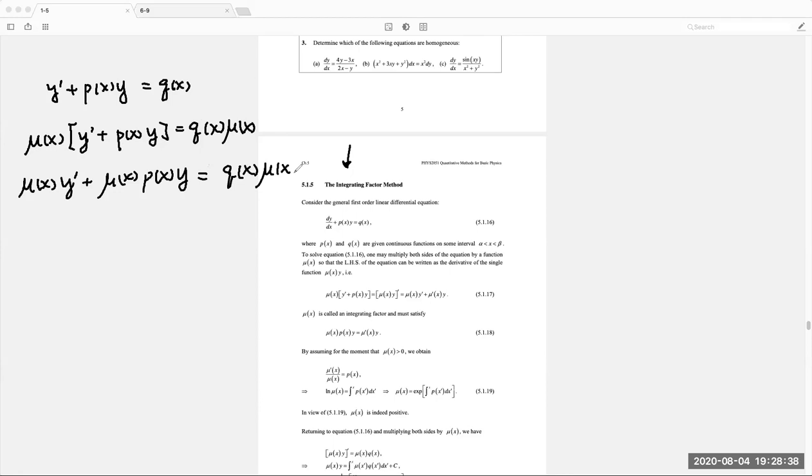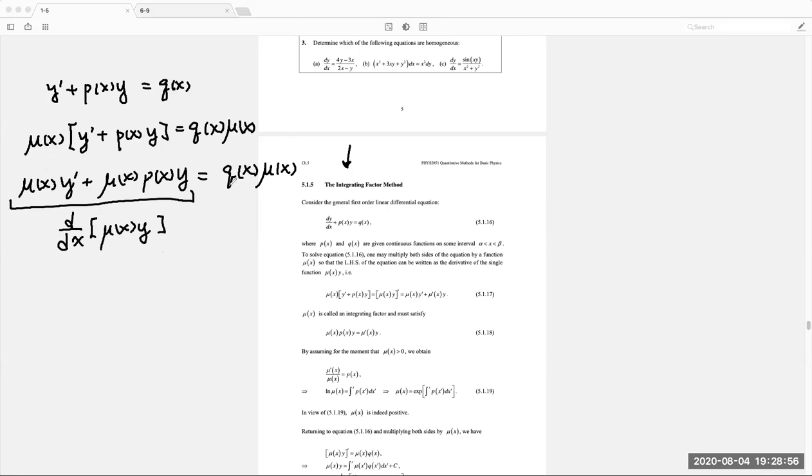We multiply mu x on both sides such that the left-hand side can be expressed in terms of this form.